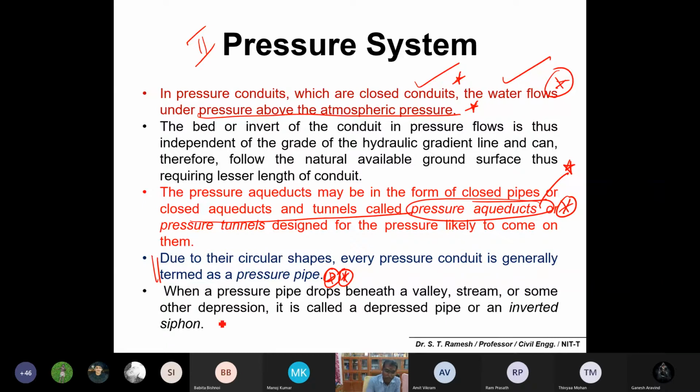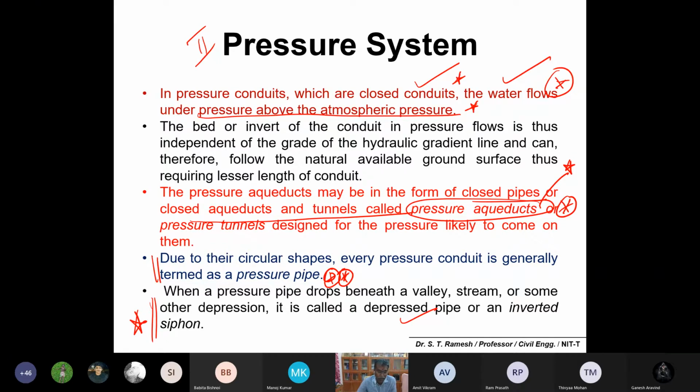And when a pressure pipe drops beneath a valley, stream or other depression, that is called a depressed pipe or inverted siphon. Please make a note on these. These definitions are important from the examination point of view. So this is the simple conveyance of water by pressure systems. The pressure inside the pipe is always above the atmospheric pressure.